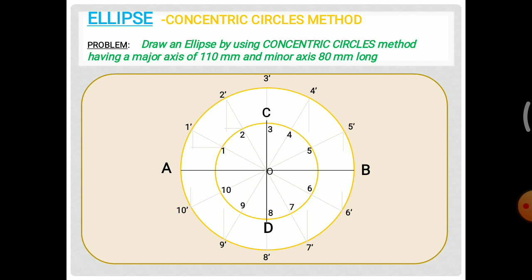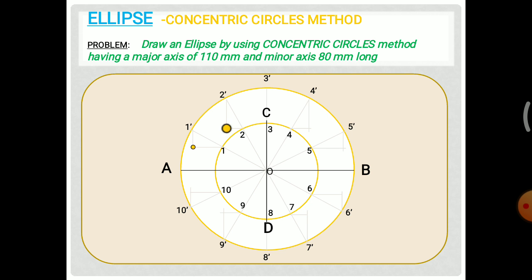Then we get an intersection point from each point, each divided part, that is 1 1 dash, 2 2 dash, 4 4 dash, 5 5 dash, 6 6 dash, and similarly 10 10 dash.